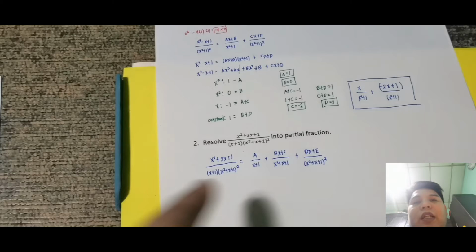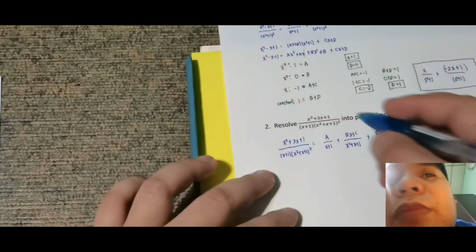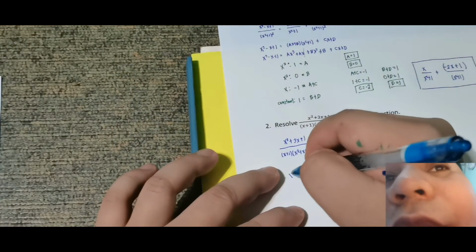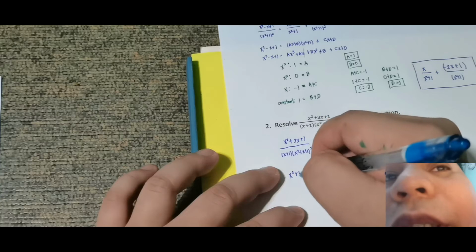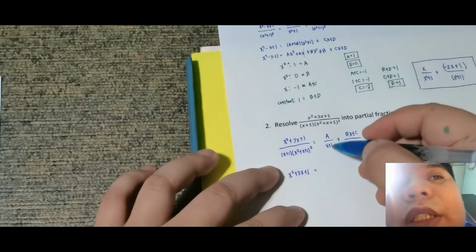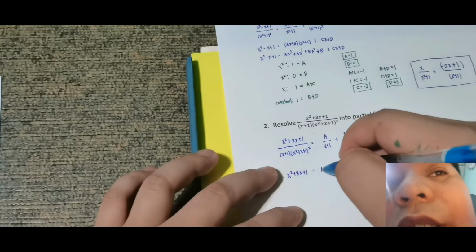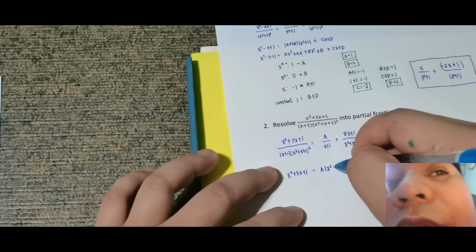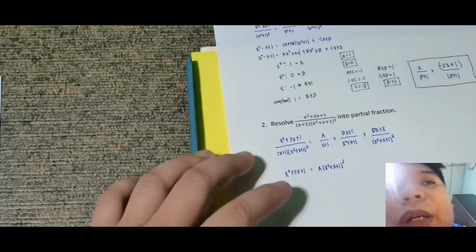So, assume we multiply it again here. That is simply x squared plus 3x plus 1 is equal to, x plus 1 cancels out, so this is just a times x squared plus x plus 1 raised to 2. It's a bit long.